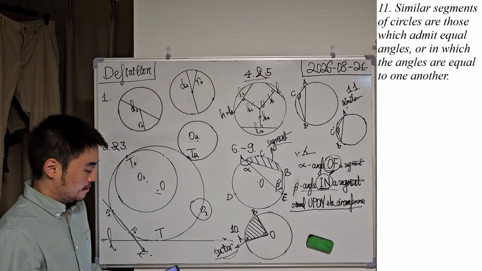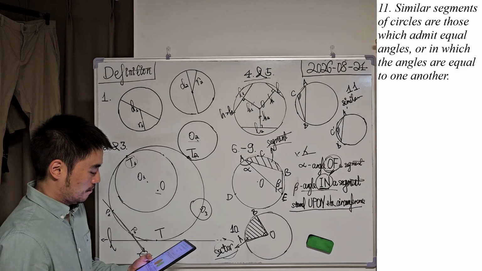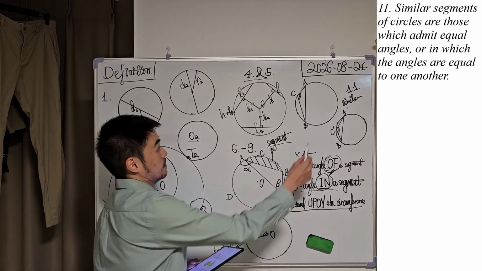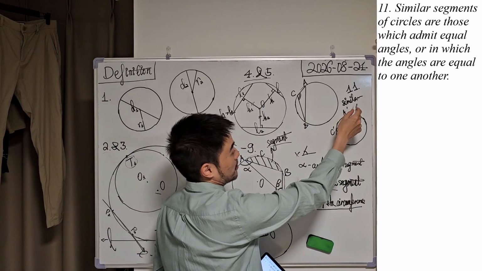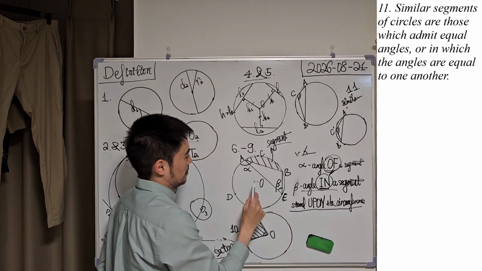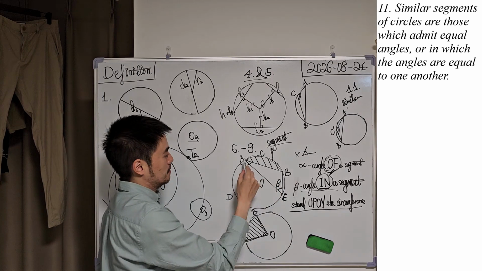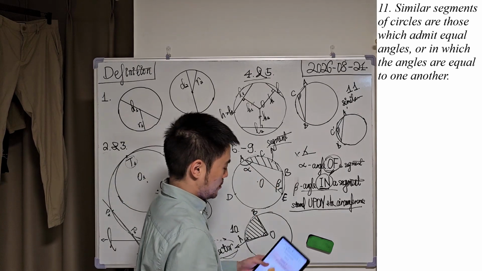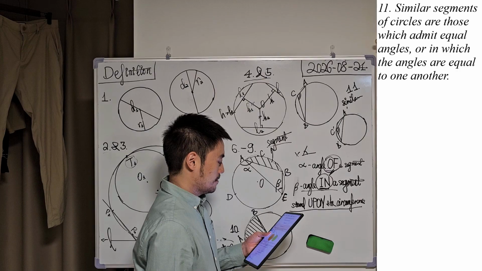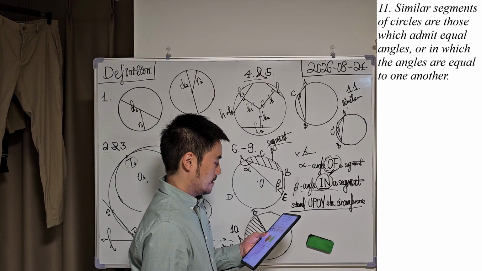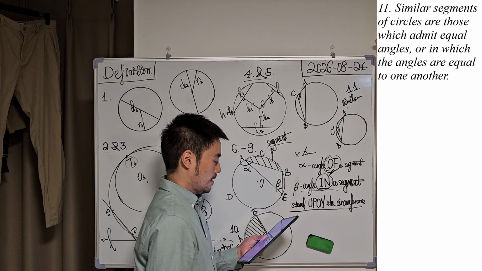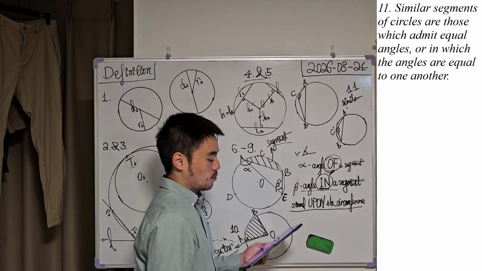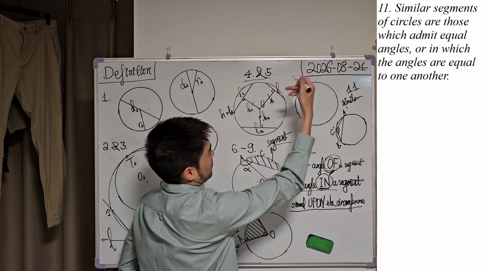And let's move to the last definition from book 3, which is definition 11. Definition 11 defines similar segments. So remember what a segment is, okay? We have just defined it. This is the segment. So definition 11 says that those two segments admit equal angles, or let's say in which the angles are equal to one another. So it defines like this.